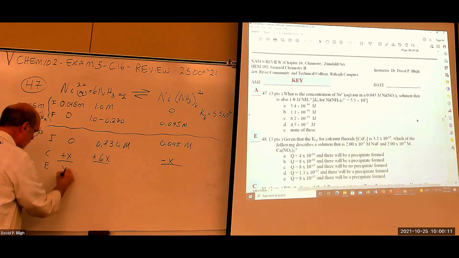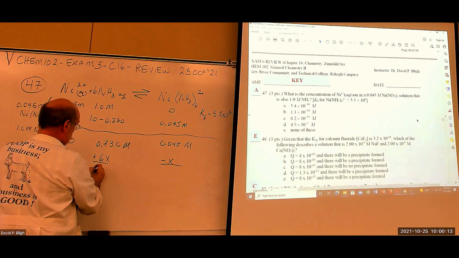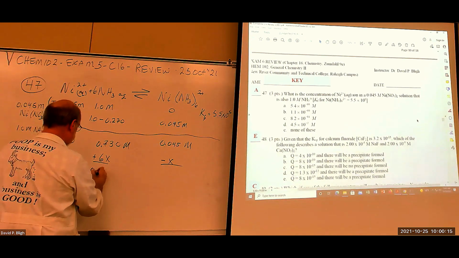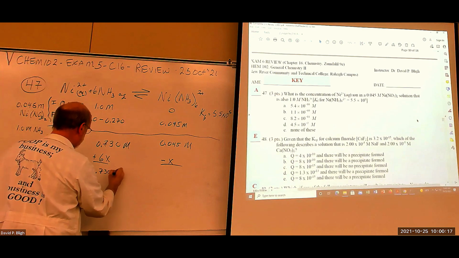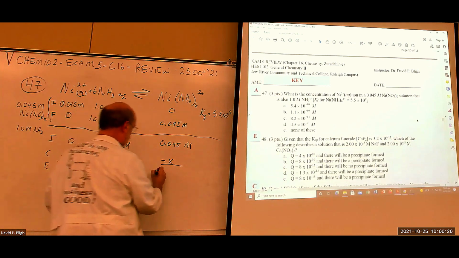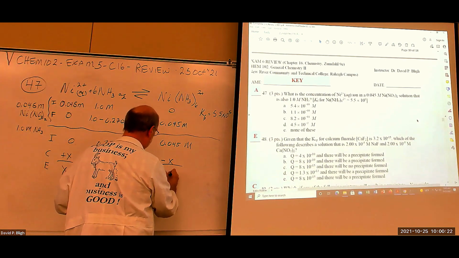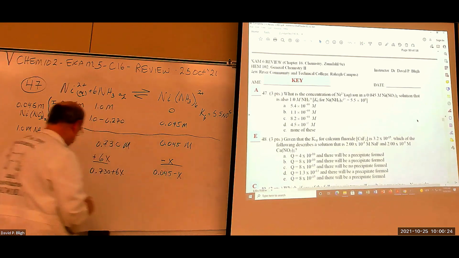So now our equilibrium expression would be 0.73 plus 6x and 0.045 minus x.